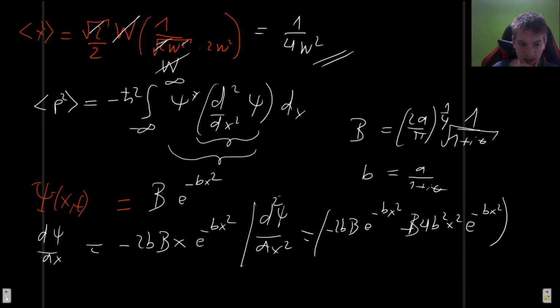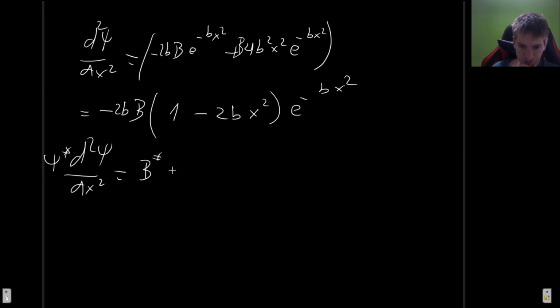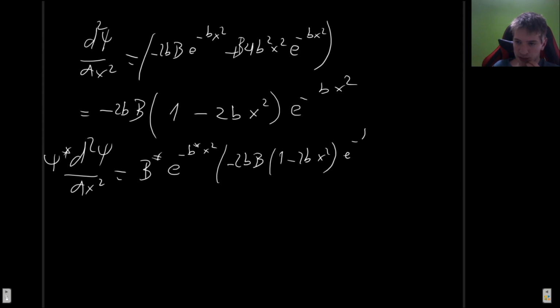So it's going to be b conjugate e to the minus small b conjugate x squared. And this is something that we have to now multiply by all of these things times minus b, a large B, 1 minus e x minus.